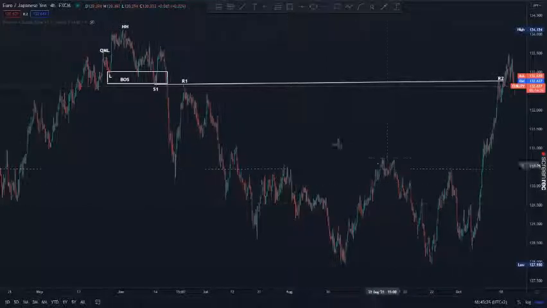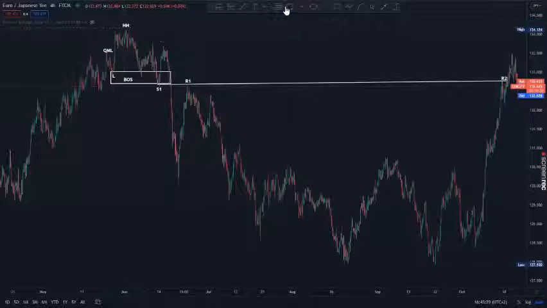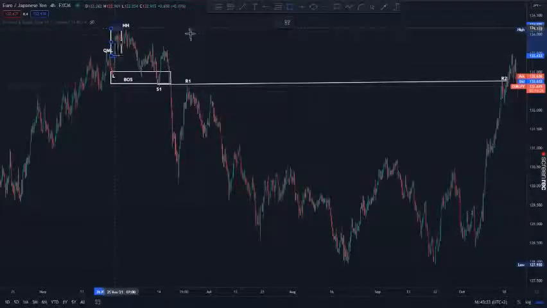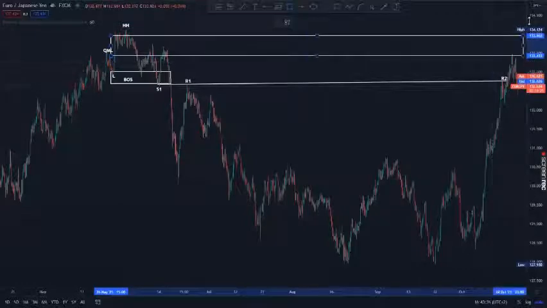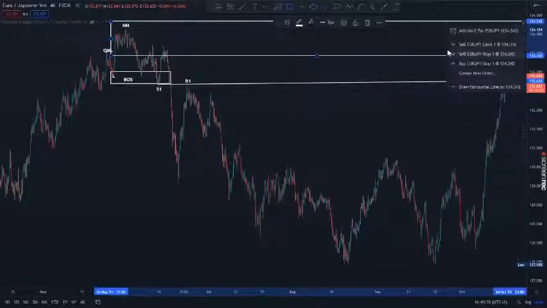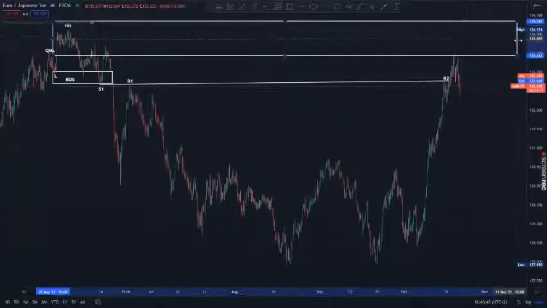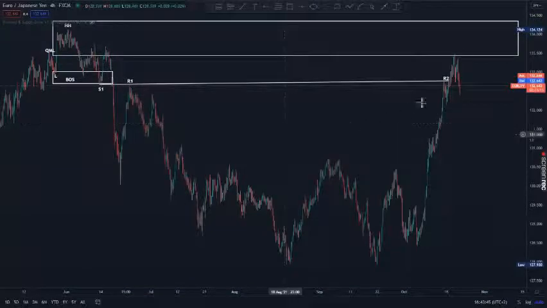And what else? From here, I had to look for my supply zone. Remember, all this level from my QML to my higher high is what we call a decision zone. This is where I decide to sell.